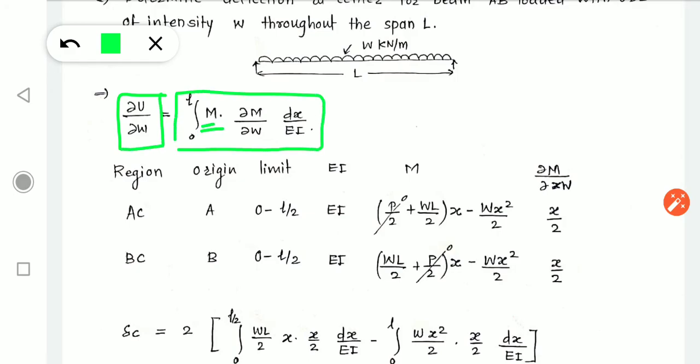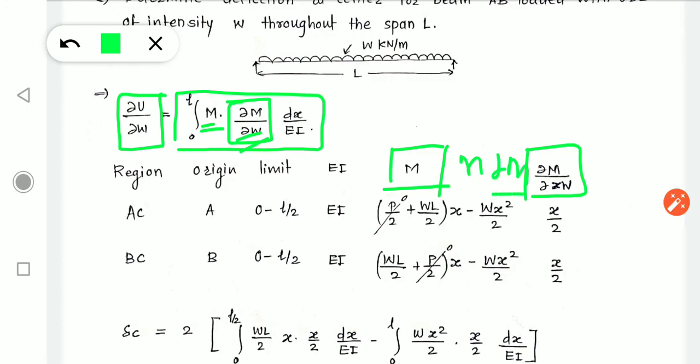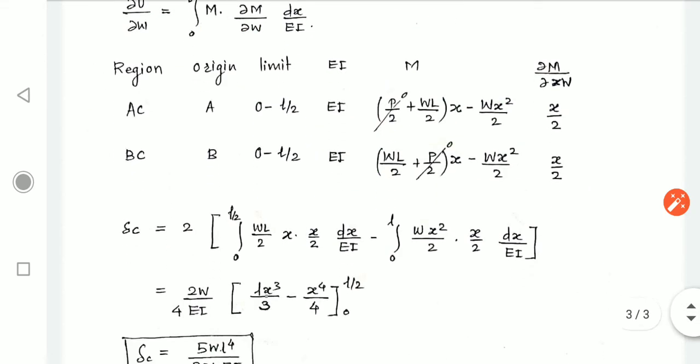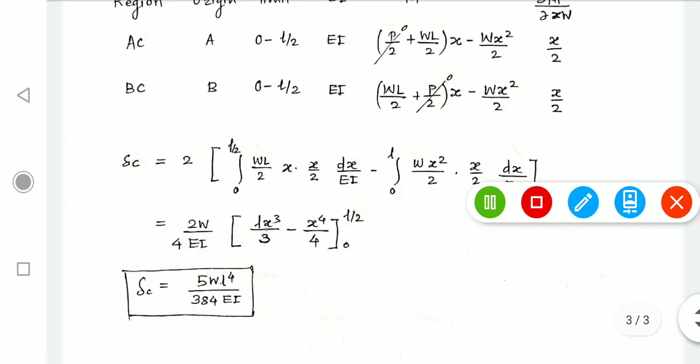The integration will be of M into ∂M/∂W. That's why in the table we wrote one equation for M and we differentiated it with respect to W. Now integrate this part, M into ∂M/∂W, over the given limit. No need to do it twice because both equations are the same. So do it once and multiply it by 2.